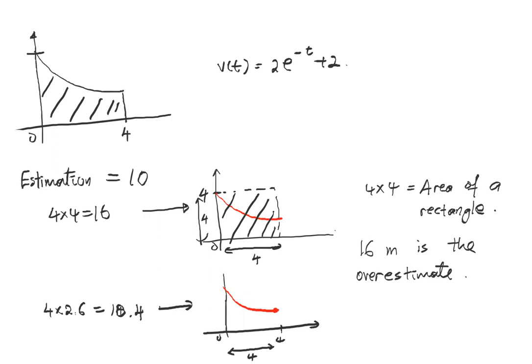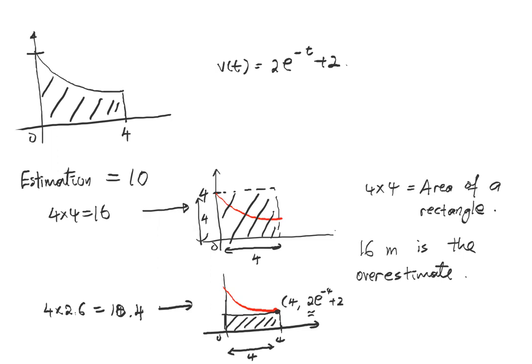At which point? Yes, when x equal to 4, you are drawing this rectangle. Am I right? And you know that this point, the coordinate is 4, then 2e to the power negative 4 plus 2. So you get from your calculator the approximate value. Am I right?